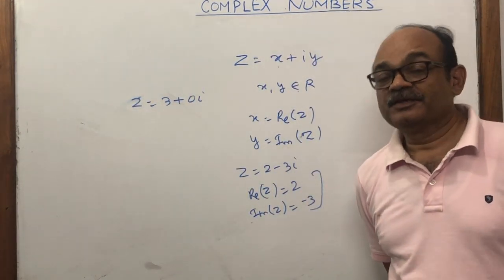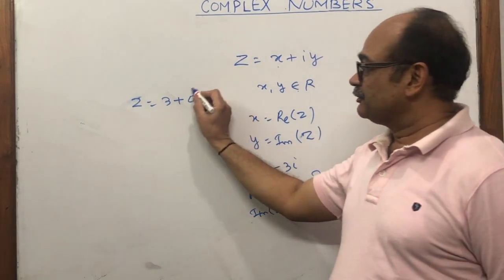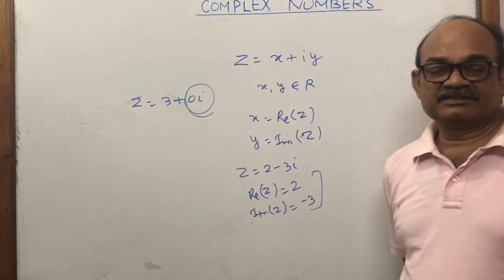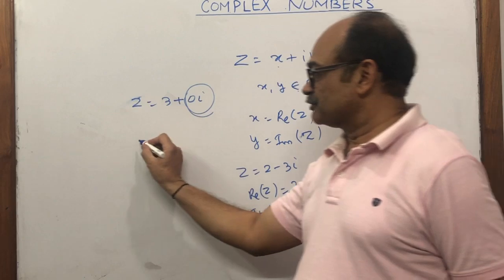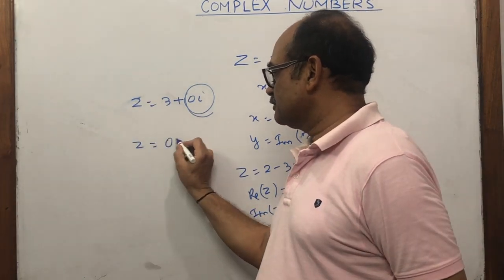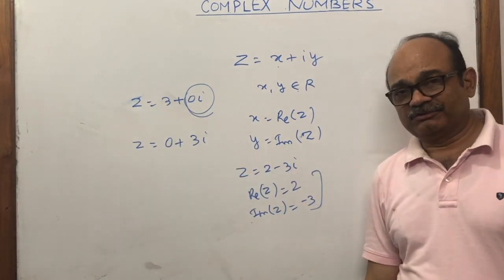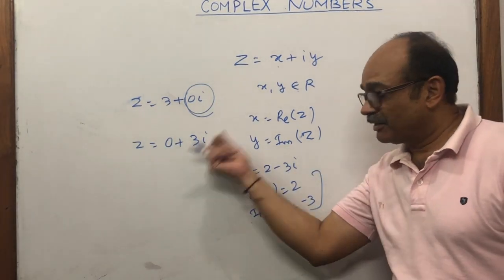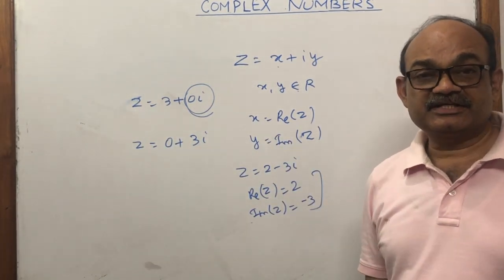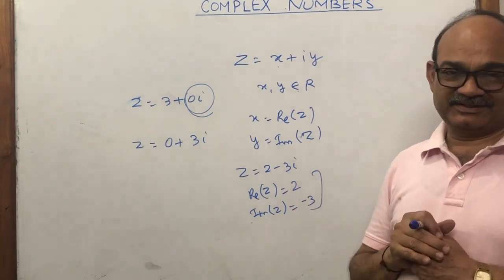Then it is said to be purely real because the imaginary quantity is 0. Just the opposite: 0 plus 3 iota. The real part is 0, but the imaginary part is 3 iota. Then it is said to be purely imaginary.